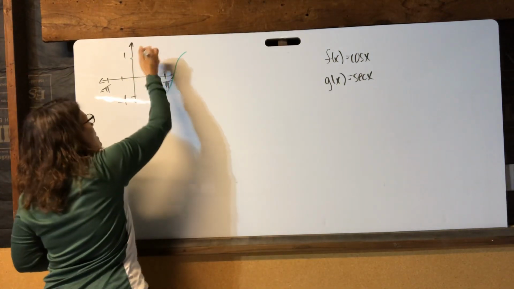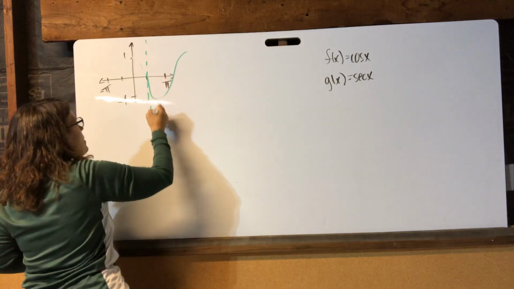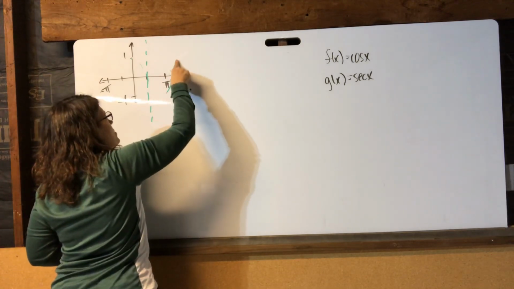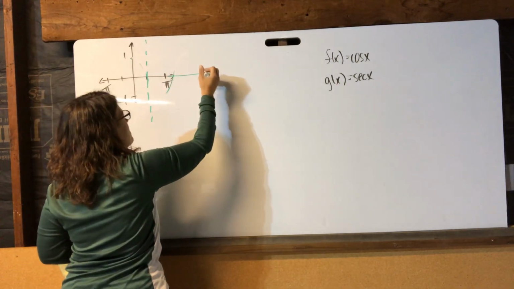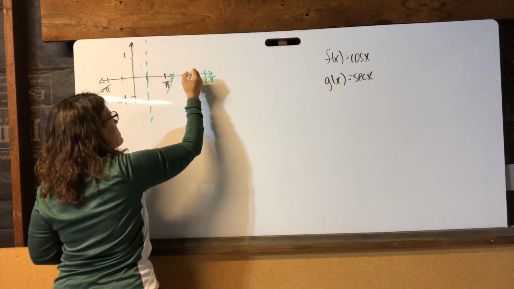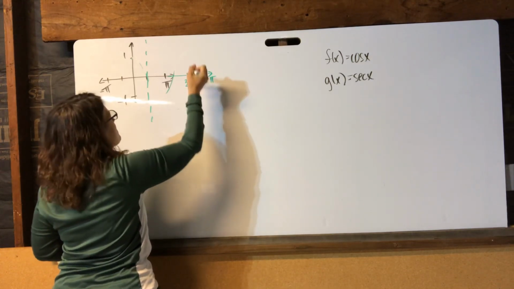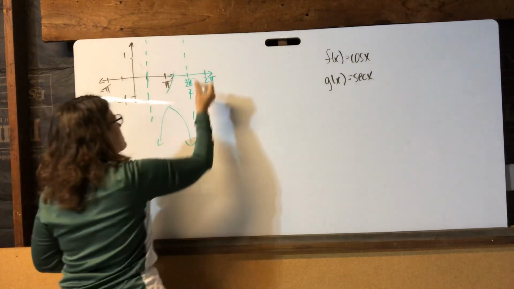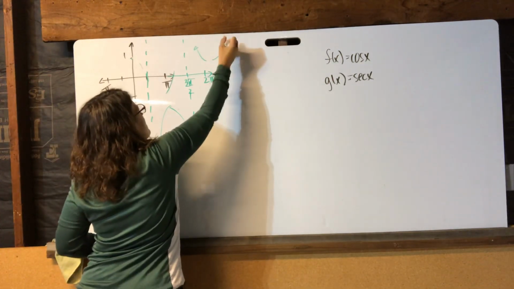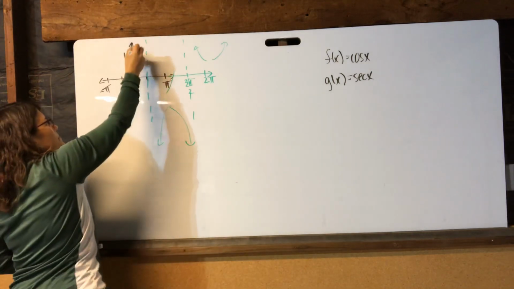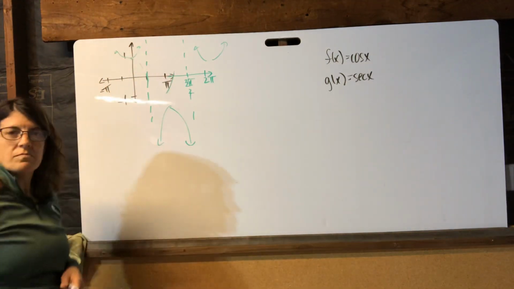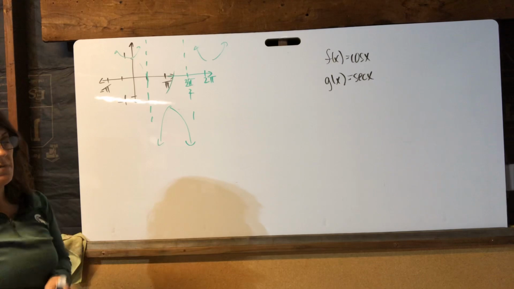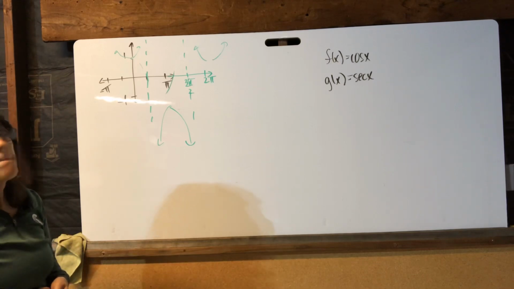So, undefined, asymptote. That's your generic graph of secant.